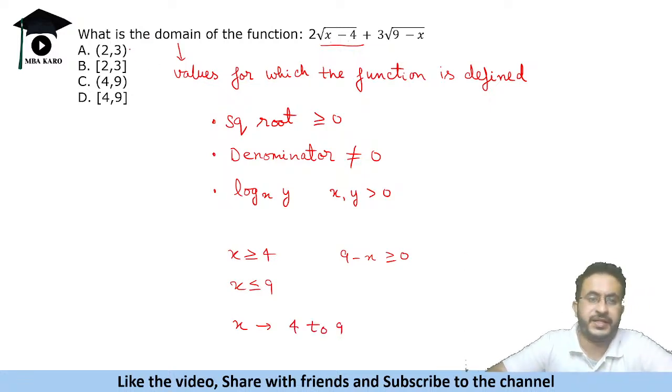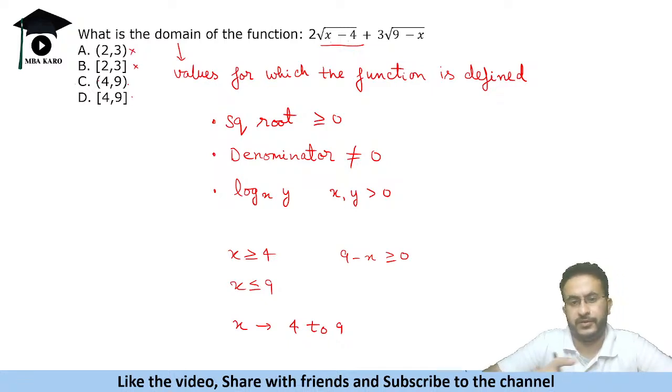Now let us understand these two brackets. What do these two brackets mean? Do you know the meaning of these brackets? Square bracket and round bracket. What does this signify?